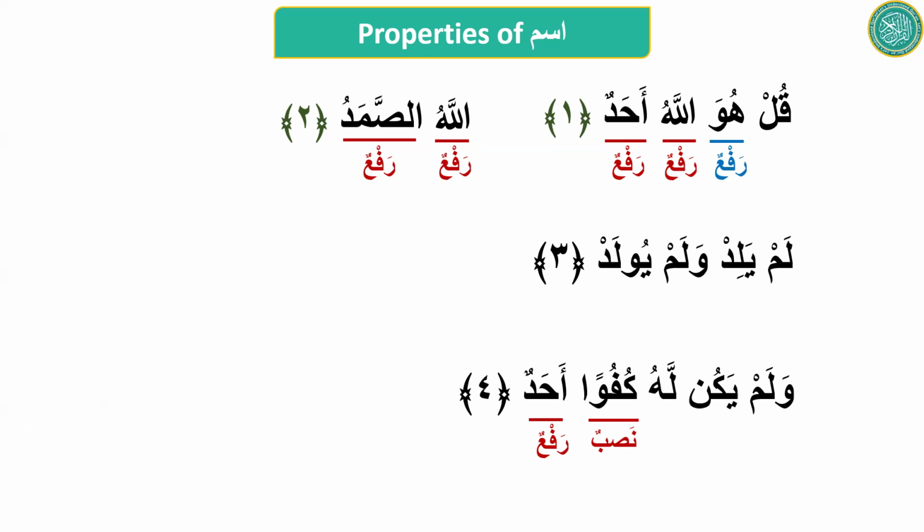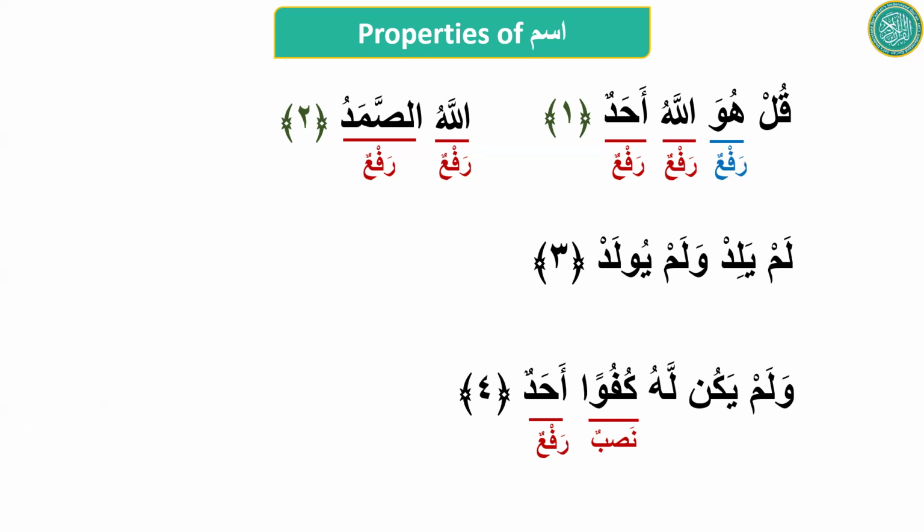The only rule I'm going to tell you today is that detached pronouns, huwa hum, anta antum, ana nahnu, their female version and their dual version, are always rafa. The rules of attached pronouns will be taught at a later stage.